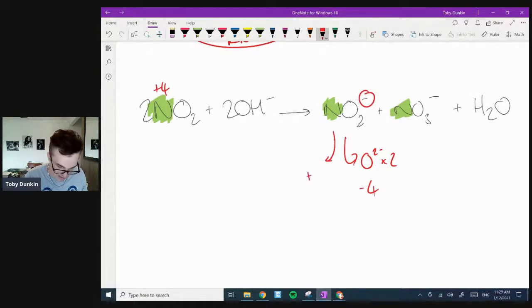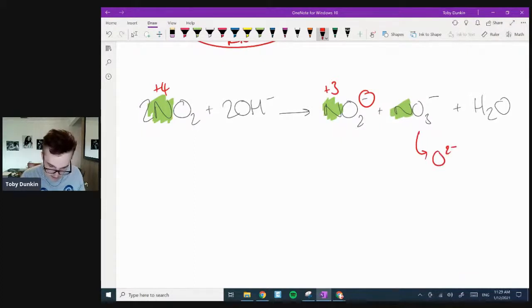That nitrogen must be bringing +3. Next, I've got O2 minus times by 3 gives me -6, and then I've got an overall charge of 1 minus, which means that must be bringing +5. Done. I like it a lot.